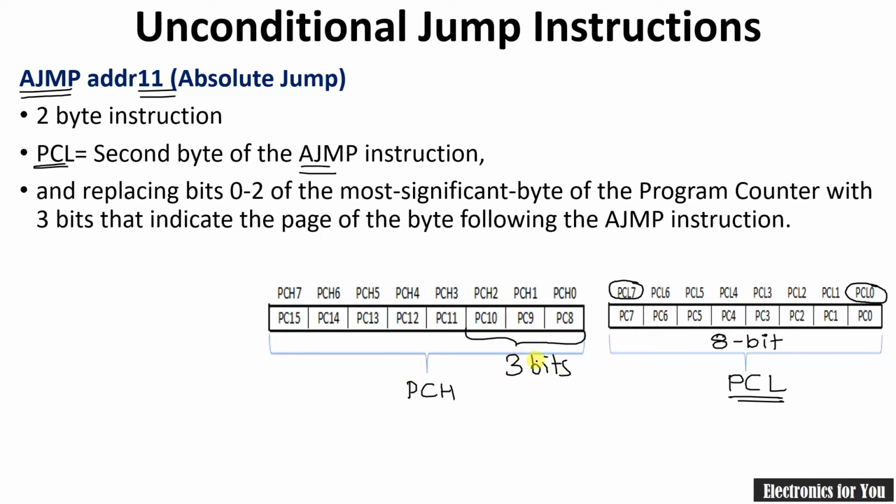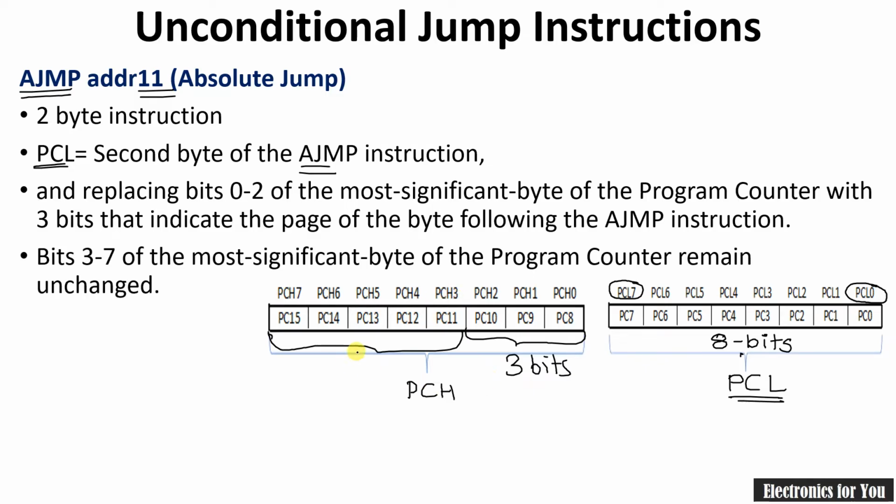So 3 plus 8 bits, total 11 bits, are there, and this 11-bit address will be used. And out of the remaining bits, starting from PCH3 to PCH7, these will remain unchanged.